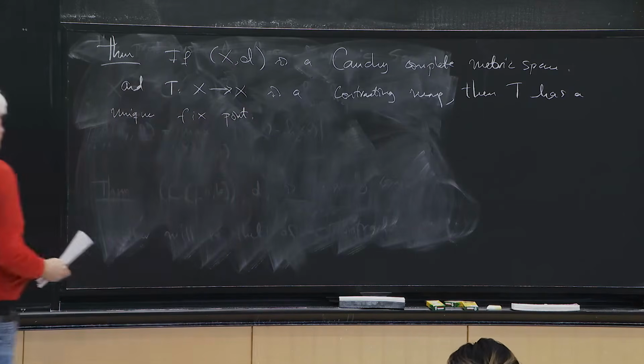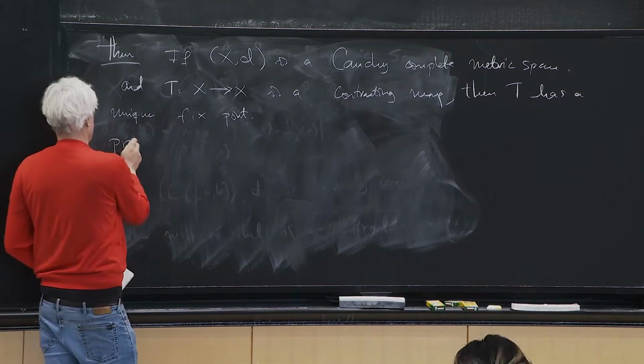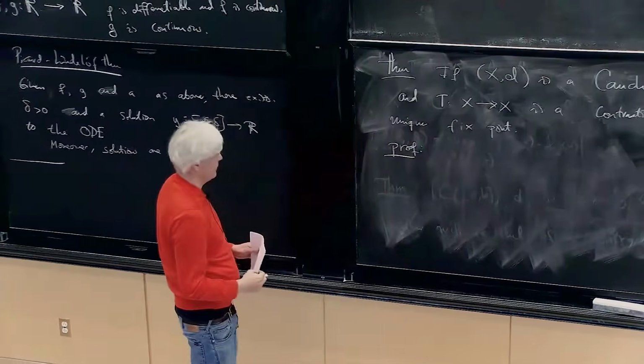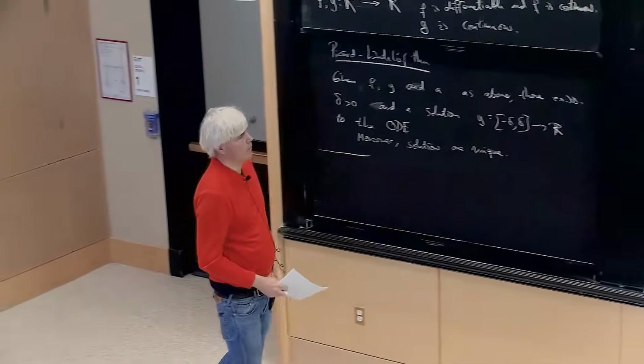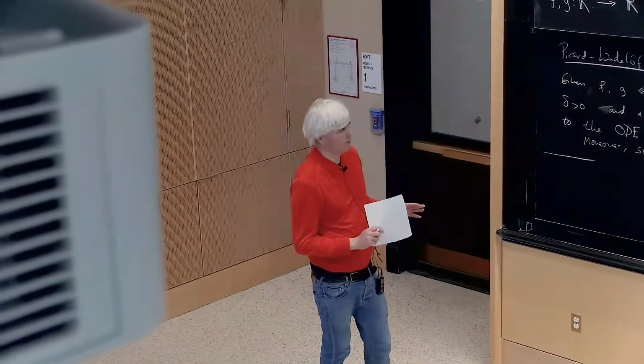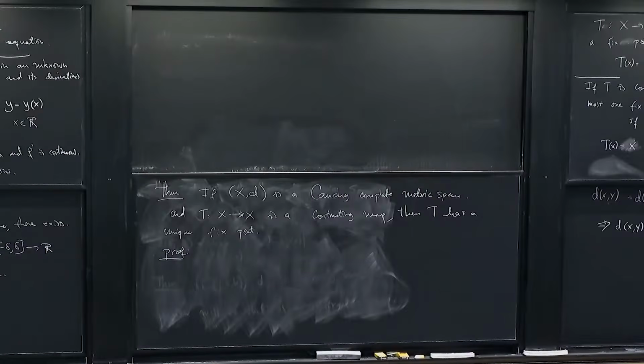Okay, so let's try to prove this. And you might remember, and if you don't, that's fine, how we used it in the Newton method, because the Newton method was a version of this on R. So you had a map from R to R, and you wanted to find the fixed point.